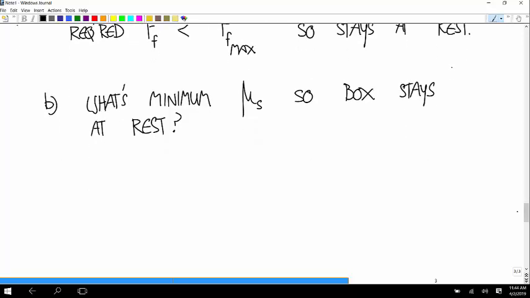Okay, so we know if the coefficient of friction is 0.4, it stays at rest. Presumably it could be a little smaller than that and still stay at rest. You know, maybe 0.35 would work or something. So let's see what the smallest value is.